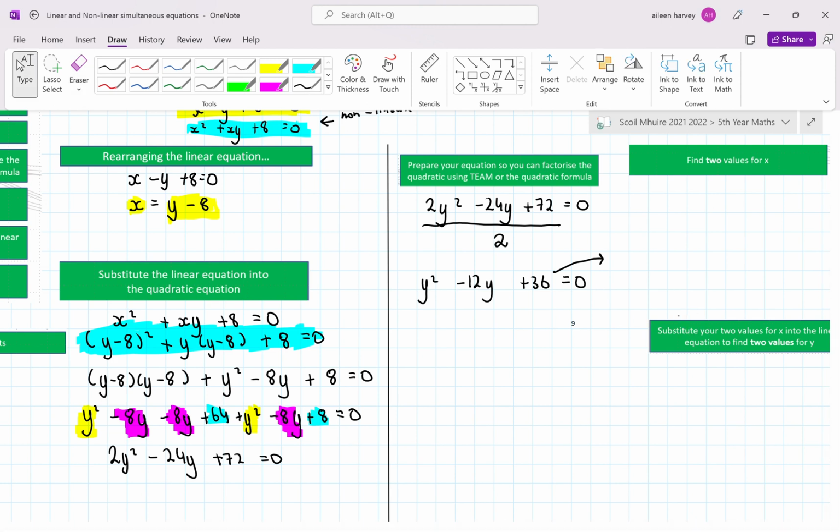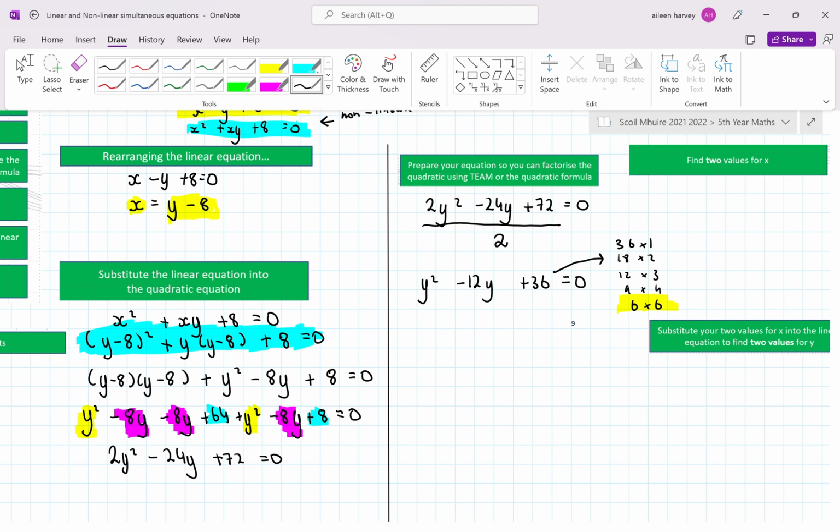So our factors are 36 times 1, 18 times 2, 12 times 3, 9 times 4, and 6 times 6. We want the factors that can add to make minus 12y, and that's 6 times 6.